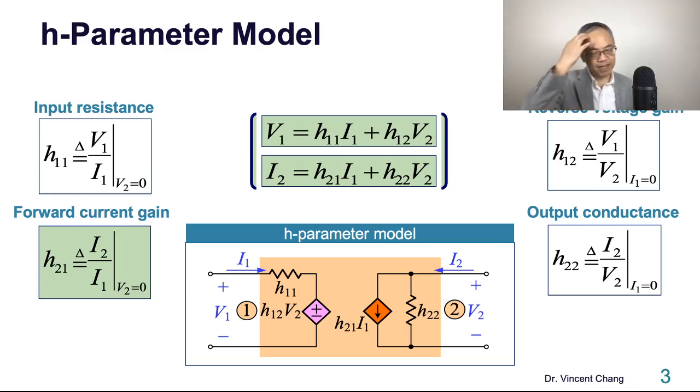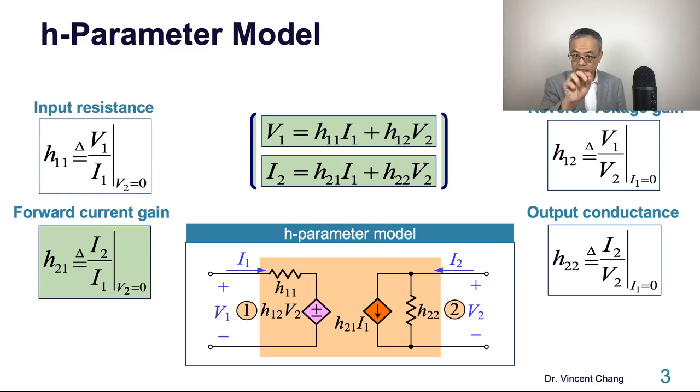I know maybe this slide will cause you a lot of headache already, but just bear with me for a moment. Just accept the definition for the so-called forward current gain. Again, I will develop a full lecture around this in the future, so no worry.